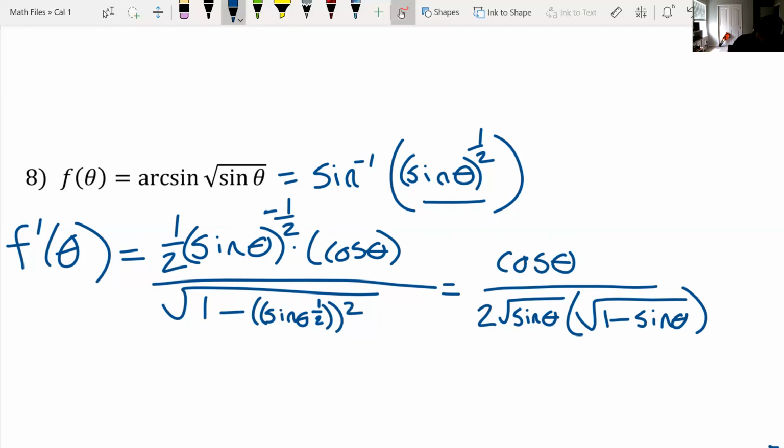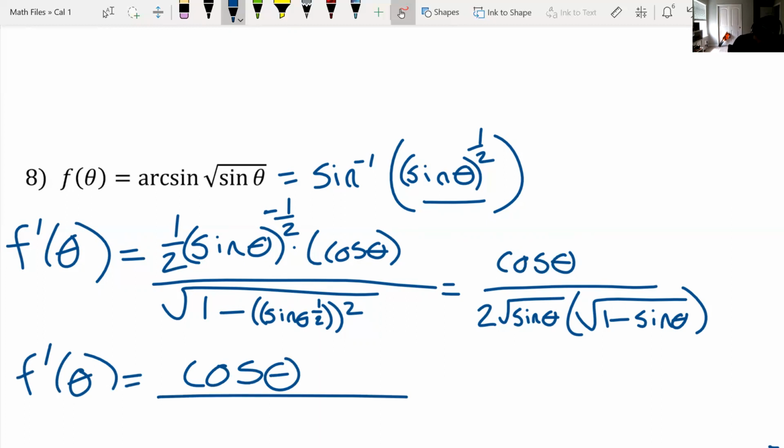Okay, which means that if we keep going, you get cosine theta over 2 times the square root of sine theta times 1 minus sine theta.